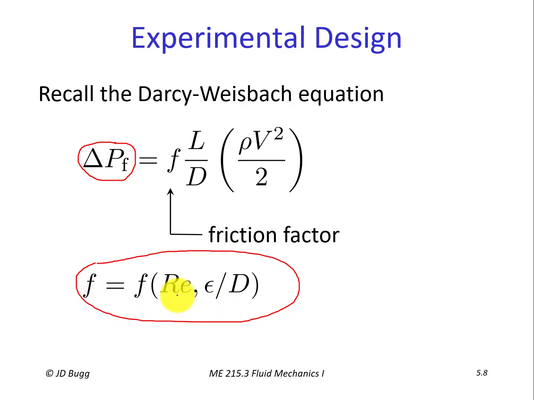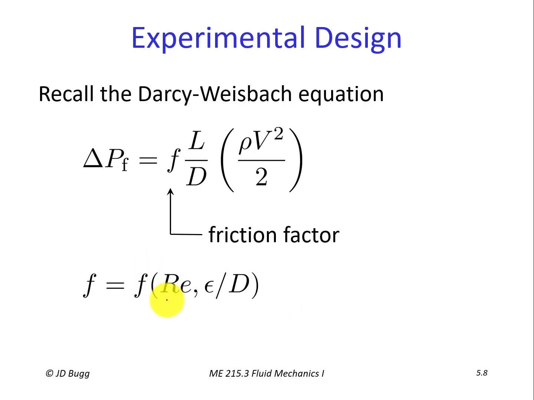So we can just vary these two things to investigate what friction factor looks like. Okay, so if we were going to do experiments here, we're trying to figure out what does this function look like? How does f depend on these parameters? Well, that's a lot easier process to do once we've determined that there's only two parameters here instead of 6 or 8 or however many there would be.